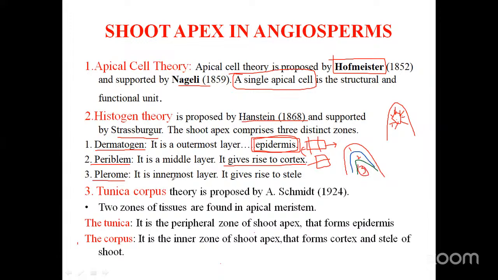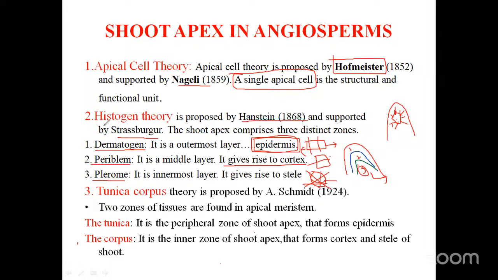Plerome is the innermost layer. It gives the stele part of the plant body, by either rib meristem like this, or mass division like this, which is irregular division.